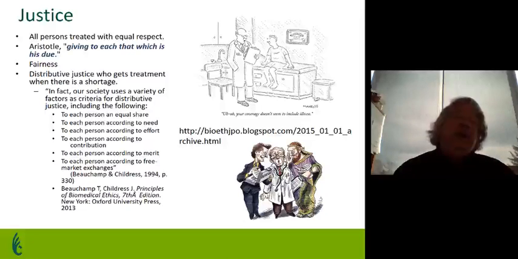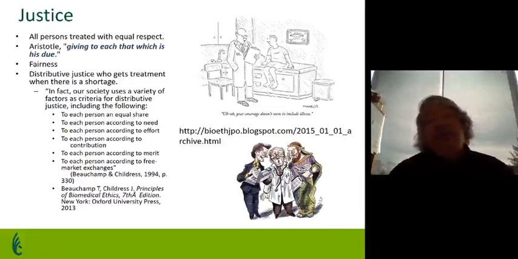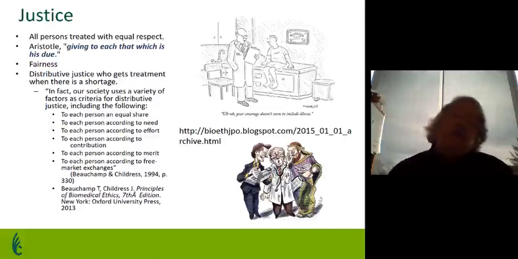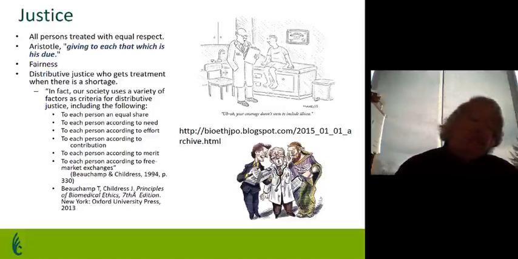We talk about an idea of distributive justice, and we see this idea of distributive justice when we take a look at individuals within a society. How are they treated when there's a shortage, or we have to make decisions about some people get treatment, some people don't, some people get food or materials, others don't.